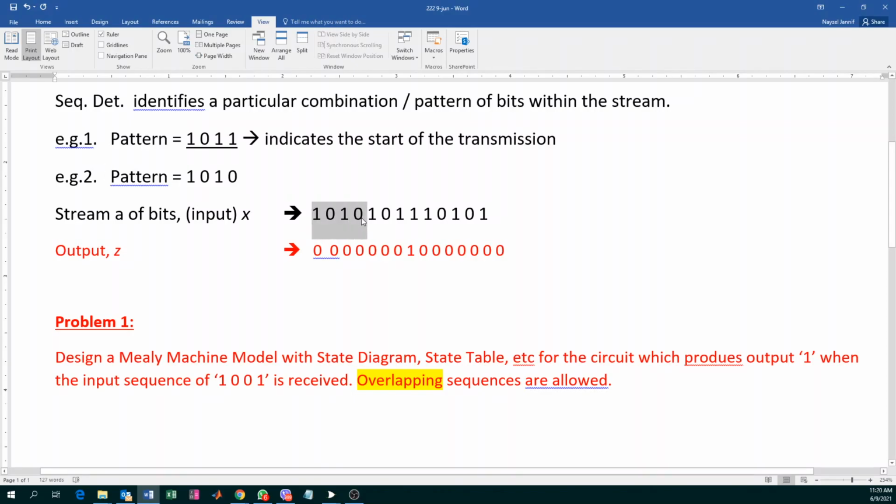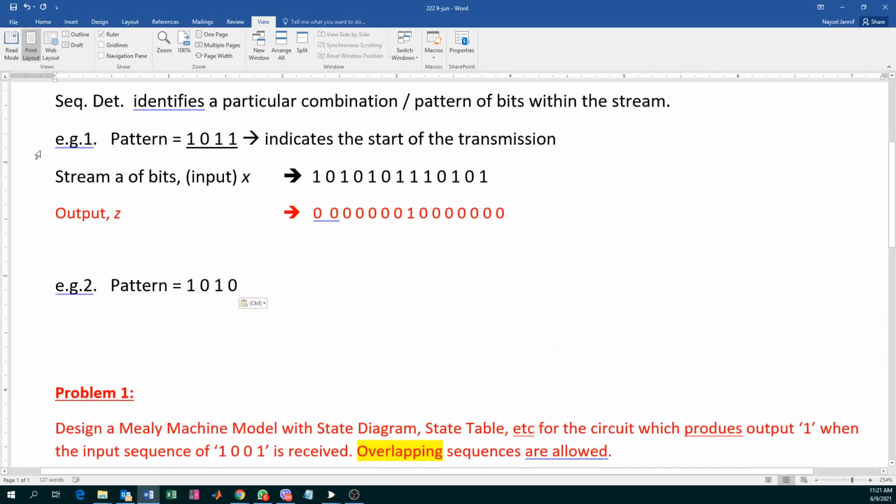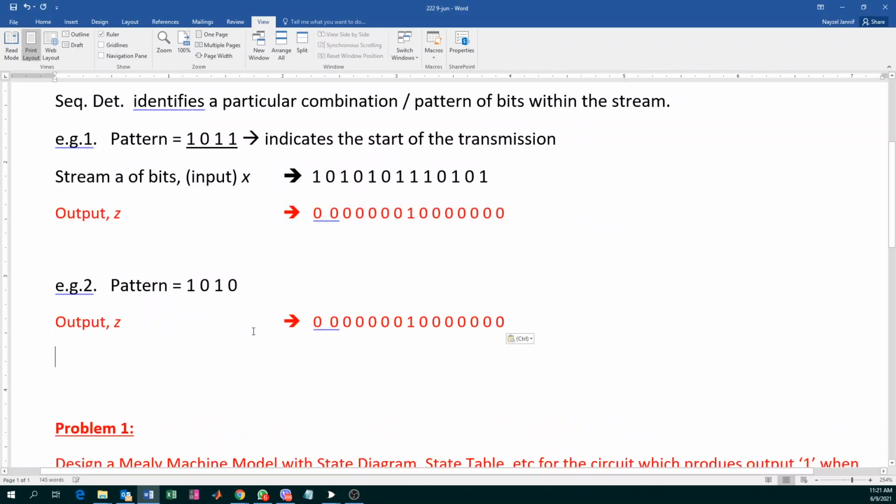1 0 1 0 will give you an output of 1 over here. Then 1 0 1 0 will again give you an output of 1 over here. Then there's another 1 0 1 0, so you'll have 3 sets of 1s. Okay, let's see output Z for example 2.